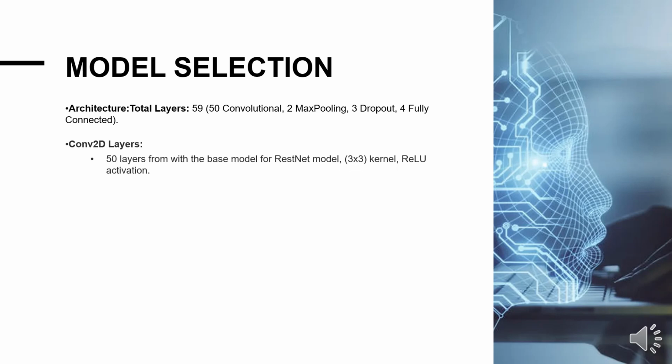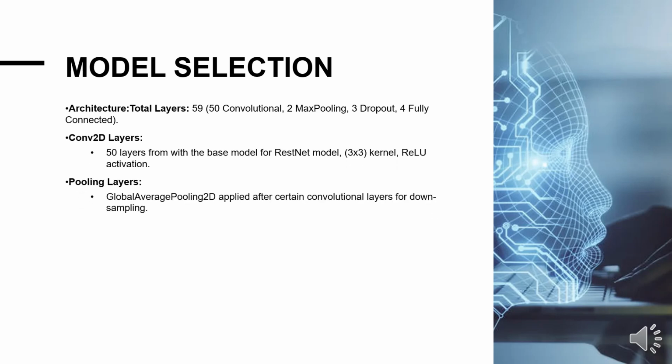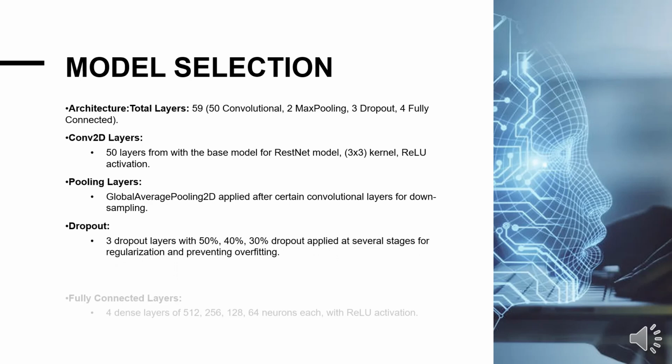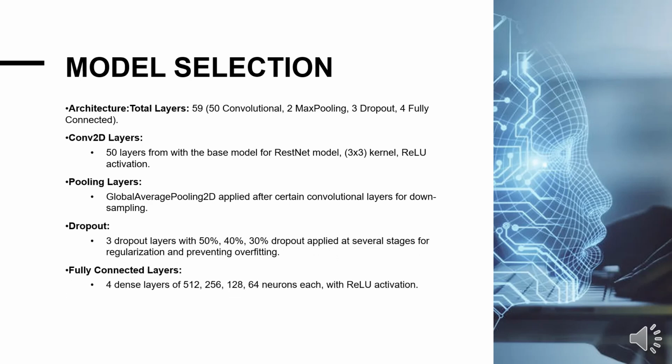Model selection. The architecture of my model consists of 59 layers. In these 59 layers, there are 50 convolutional layers. These 50 convolutional layers are the default layers of the ResNet 50 model, and 2 max pooling layers, 3 dropout layers, and 4 fully connected layers.